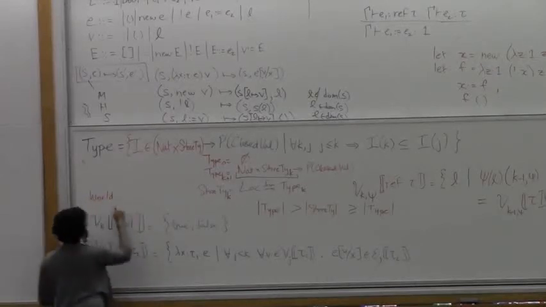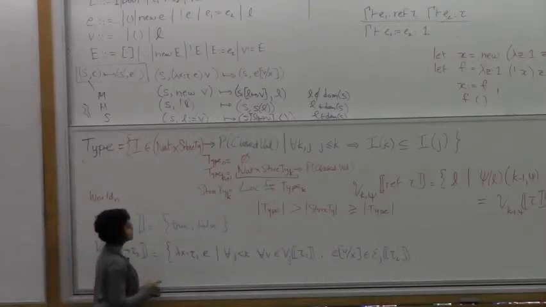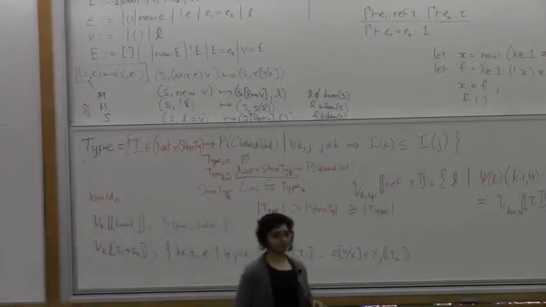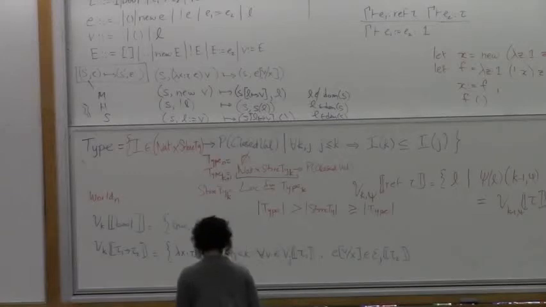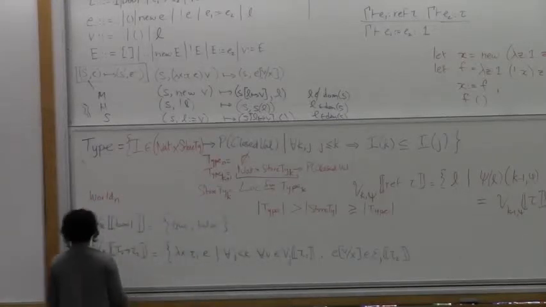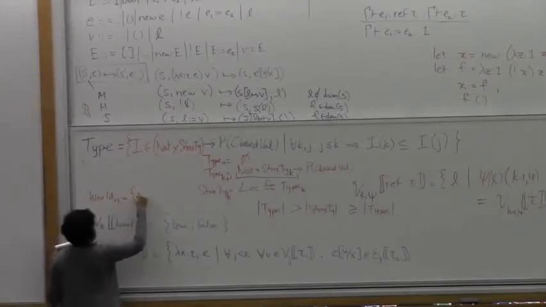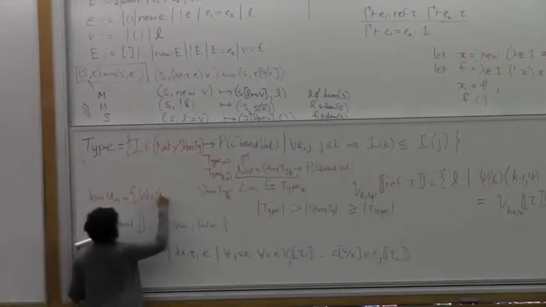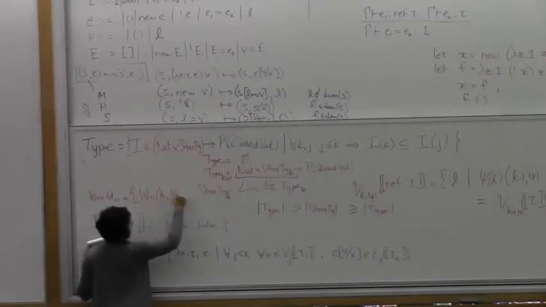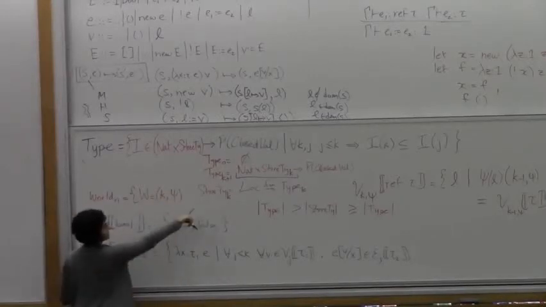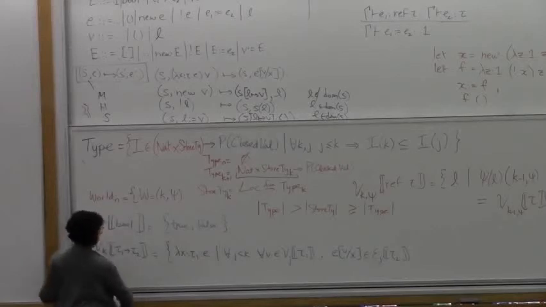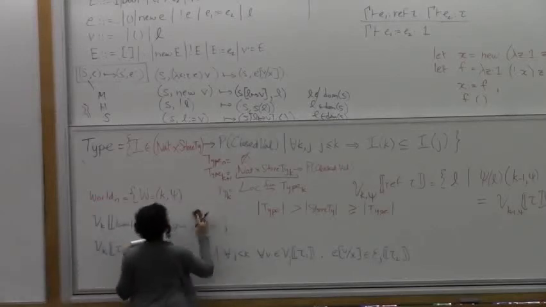So we're going to say that a world at level n is just sets, I'll write W, that are a pair of k and psi. Oh, I need to erase this, if that's okay.